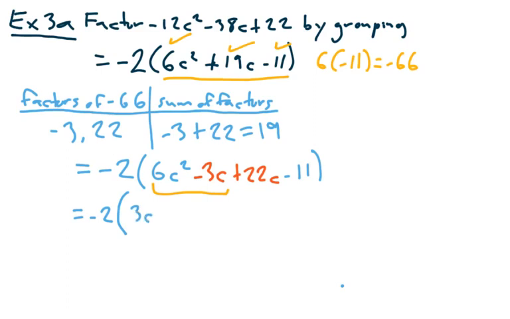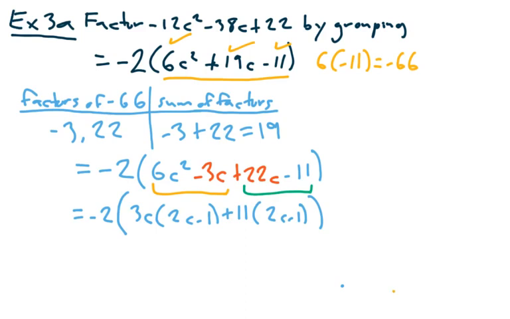Factoring out the 3c, I'd be left with, from what I have in the gold there, 2c minus 1. Do I see anything in common in the second group? Yes, those are both divisible by 11. I can factor out an 11, and that would leave me with 2c minus 1. Perfect. Big parentheses on the end to sort of delineate that.